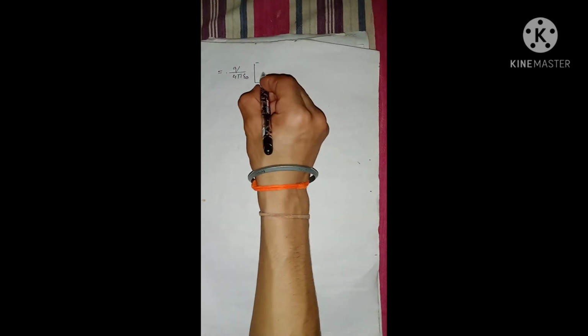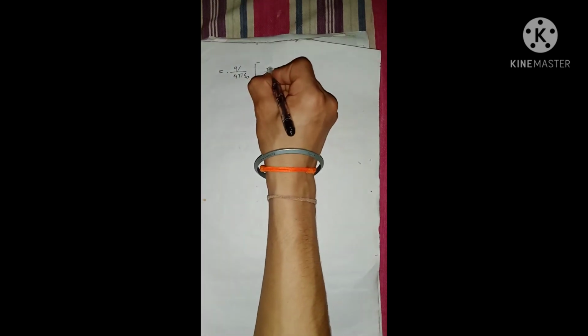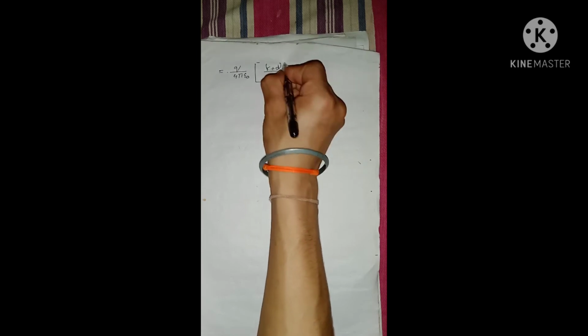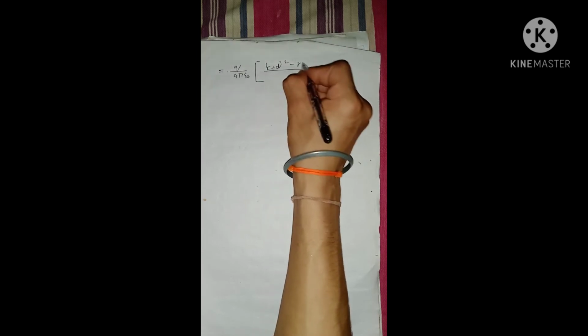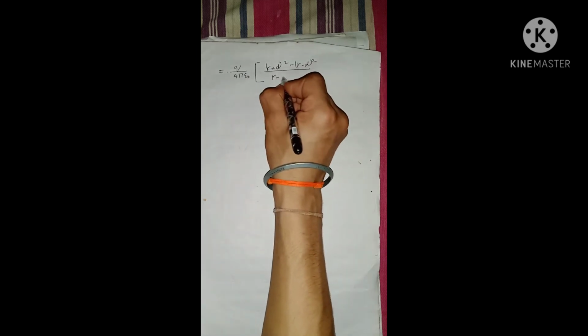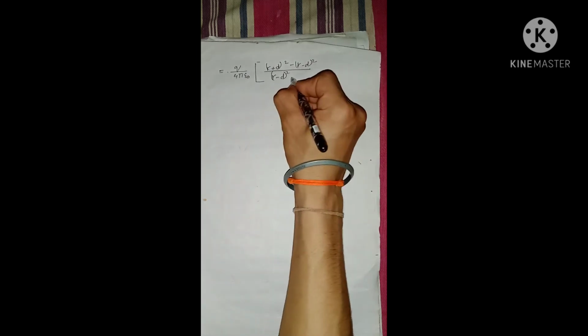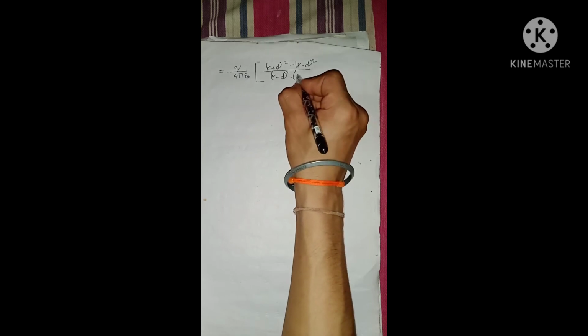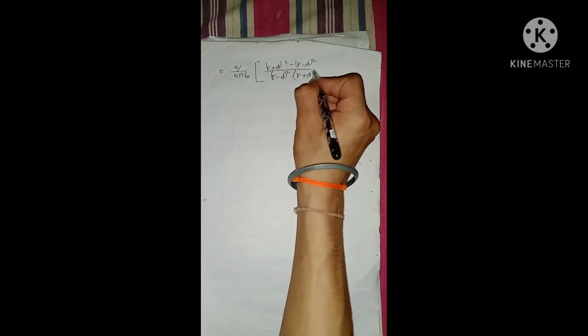Therefore we can write like this: R plus D whole square minus R minus D whole square by R minus D whole square into R plus D whole square.